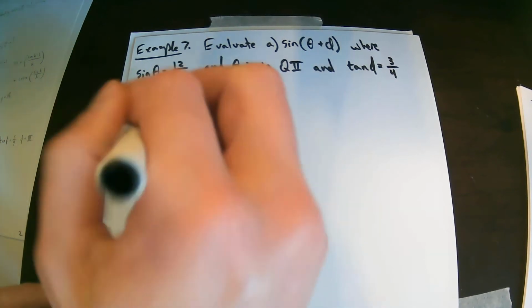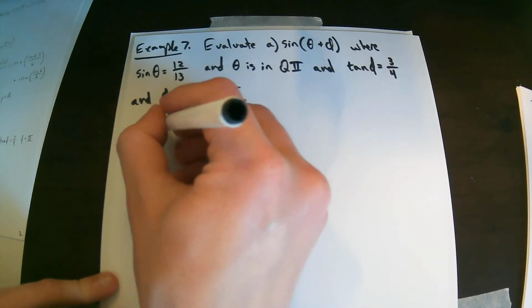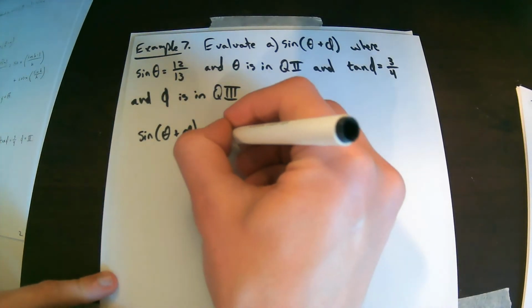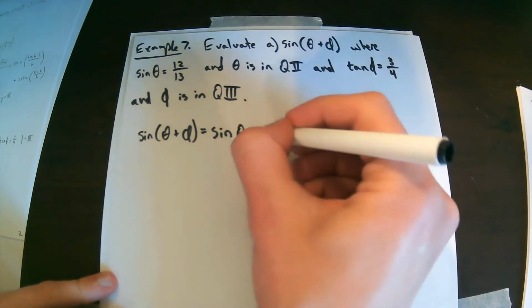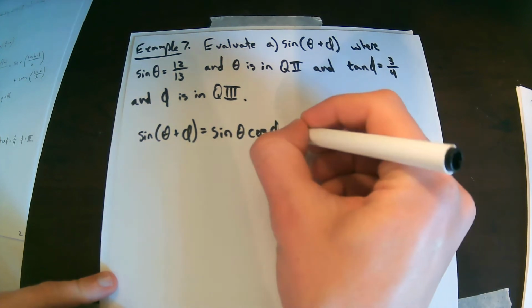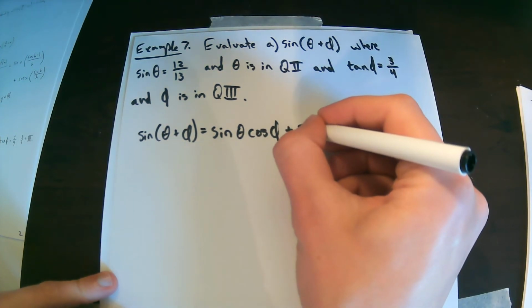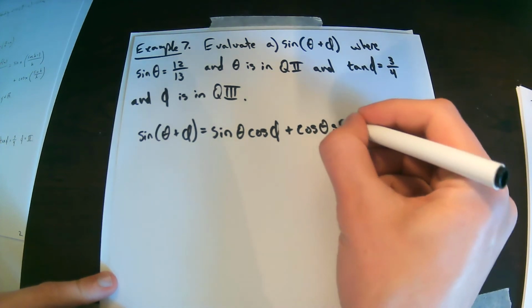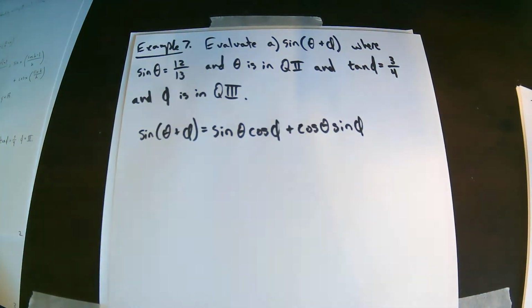Well, let's see. This is kind of similar in that we're going to start with this sum identity. We're going to write this out as sine of theta times cosine of phi plus cosine of theta sine of phi.